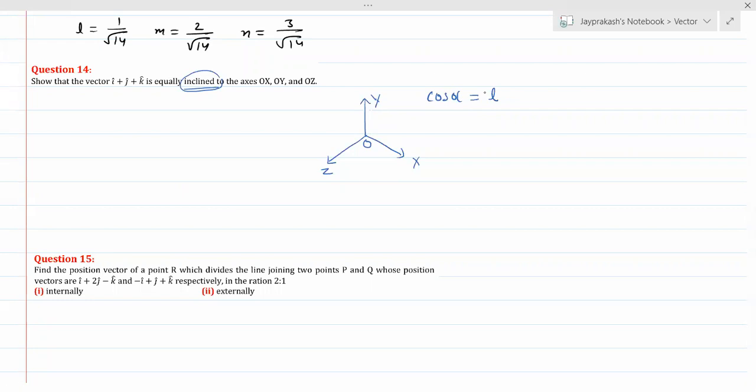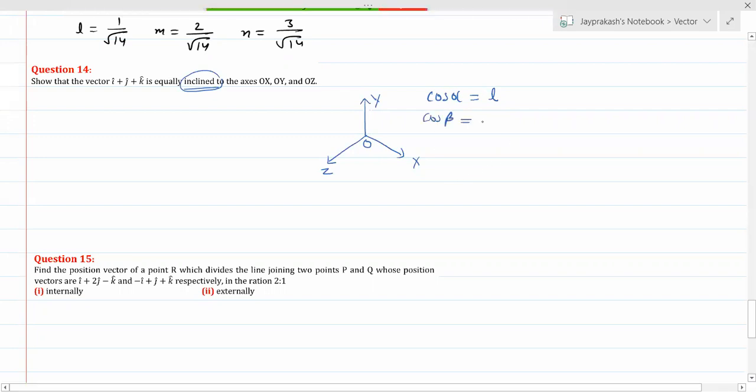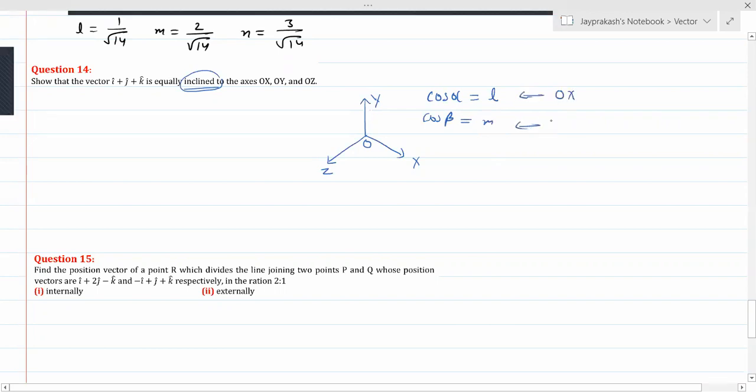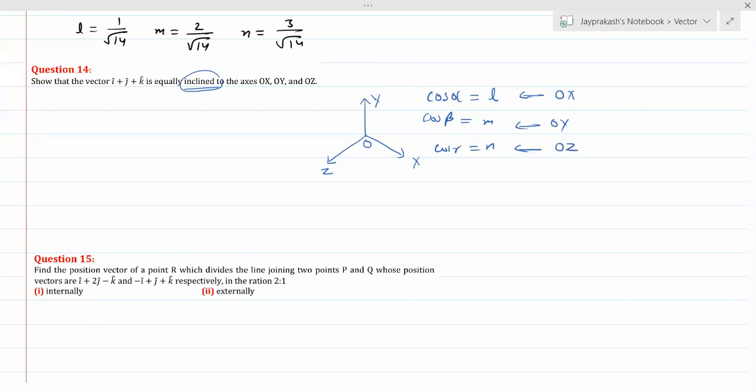Then cos beta is along the OY axis, and the last, cos gamma, that is n, is along the OZ axis. So we simply have to calculate the angle the given vector i, j, k makes with the x-axis, the y-axis, and the z-axis. So let's find the first direction cosine.